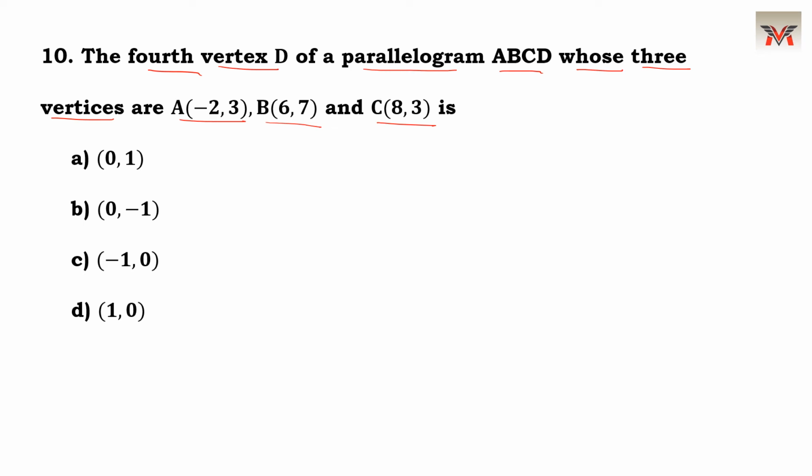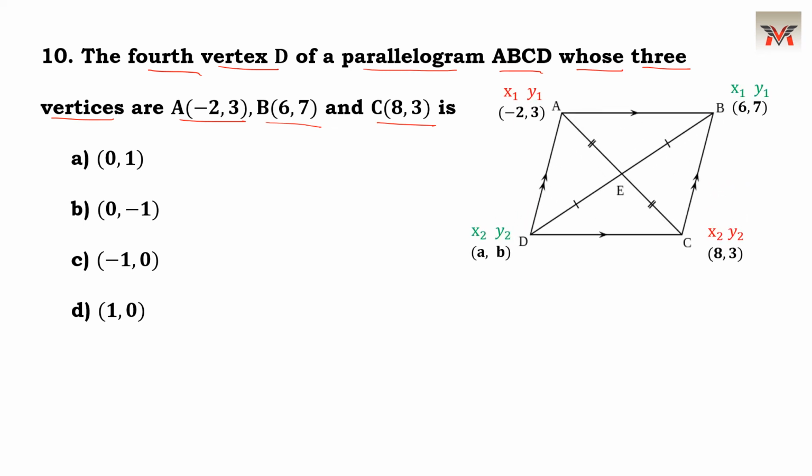What we have to do here is take these points on a parallelogram and take the midpoint, which is the same for both the lines AC and BD, both the diagonals. Therefore, we can just equate the midpoints to find the fourth vertex D.